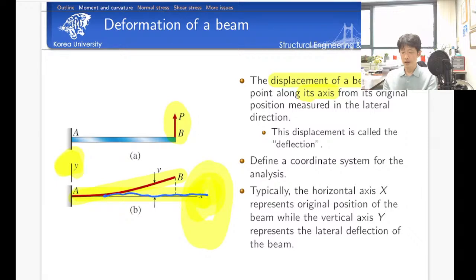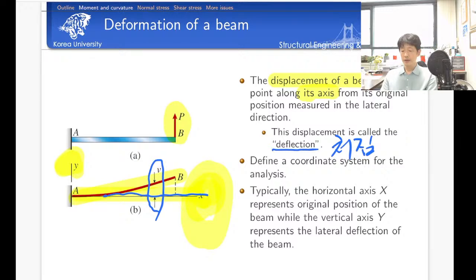And then we'd like to measure this displacement. The displacement in the lateral direction, especially in a beam problem, we call deflection. Okay, deflection, in 우리말, 처짐.